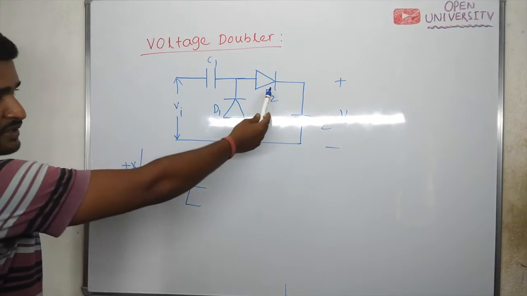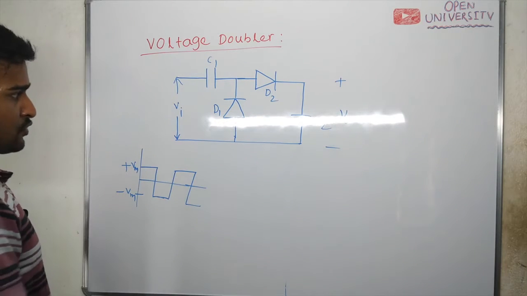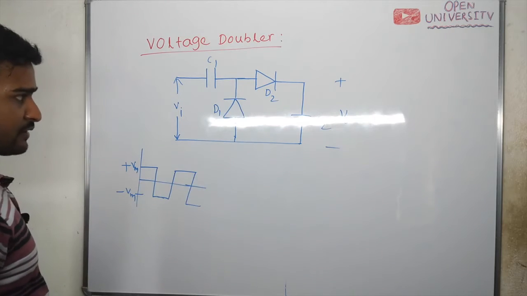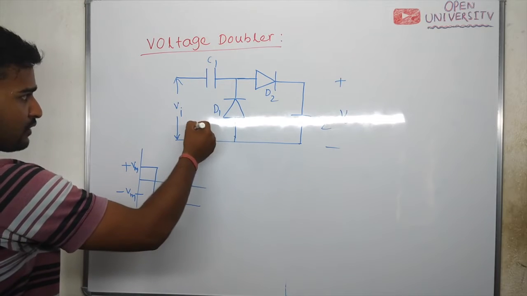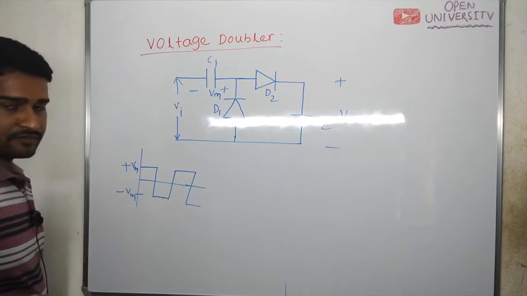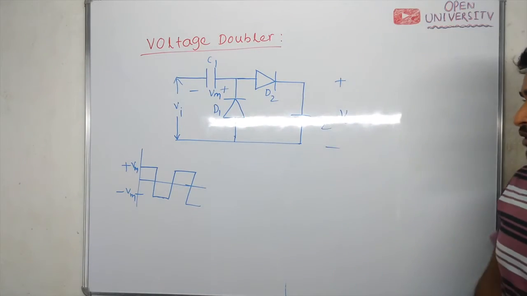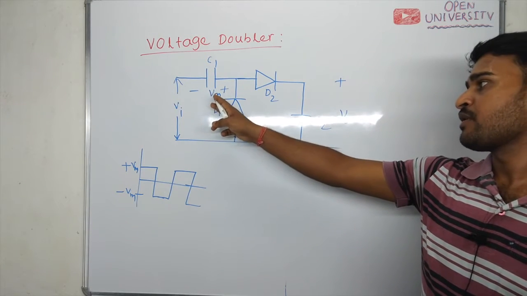What about this diode? This diode becomes reverse biased. So it will be replaced with open circuit, and this will be replaced with short circuit. So capacitor will charge through the diode D1, up to maximum value of input, that is Vm.